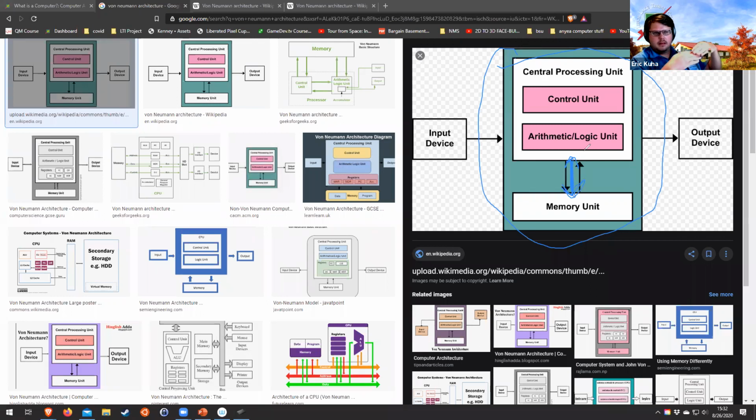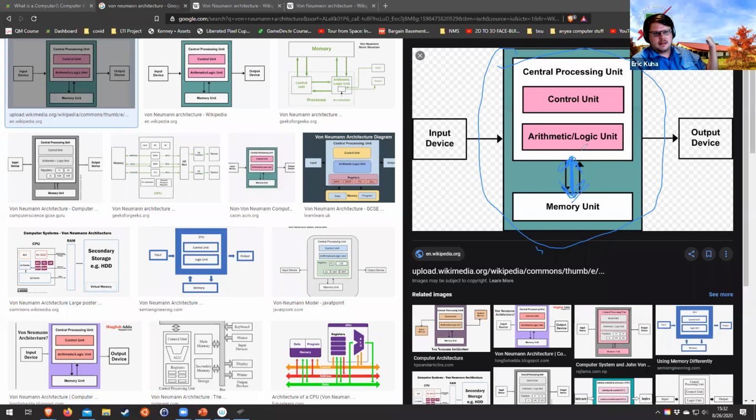The CPU is asking the memory unit for the next thing to do, and then it gets transmitted over, and then it executes that instruction, and sends some output to the memory unit again. This is happening billions of times every second.